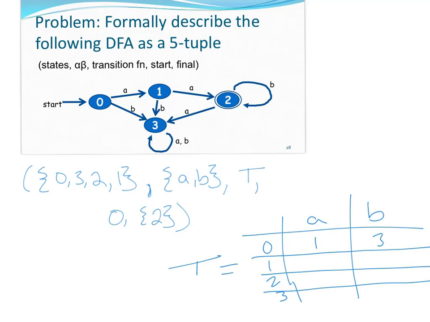If we're at 1 and we see an A, we go to 2. If we're at 1 and we see a B, we go to 3. If we're at 2 and we see an A, we are at 3. If we're at 2, we see a B, we go to 2. And if we're at 3, no matter whether we see an A or a B, we end up at 3. Okay? So here is my formal five-tuple for this DFA, and it's this five-tuple, but this T transition table is an essential part of that because I can't just say, stuff T in here. Okay?